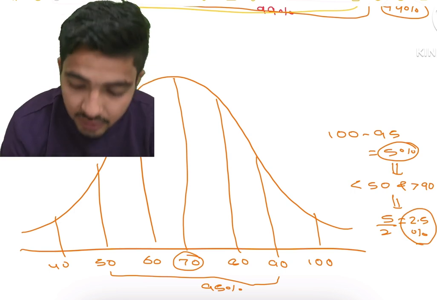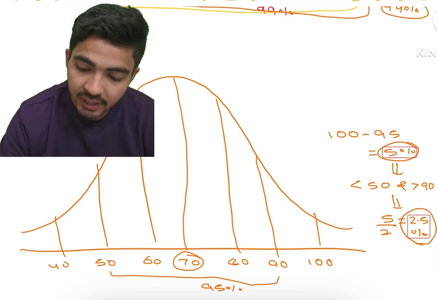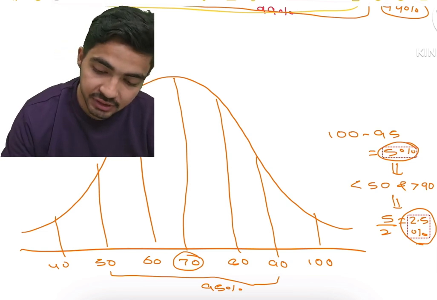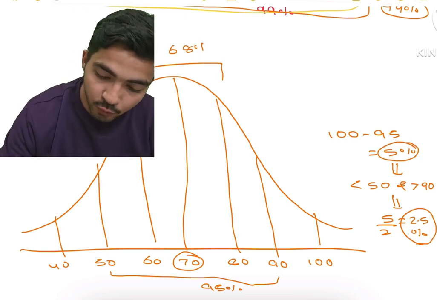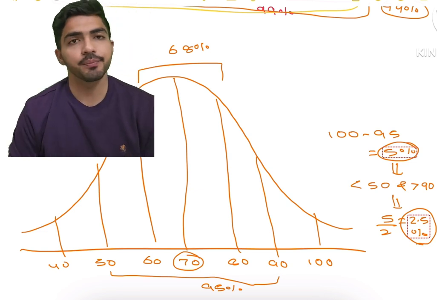Next question, the number of students whose weight is more than 80 kilogram. As you can see, the percentage of students having weight between 60 to 80 kilogram is 68%.